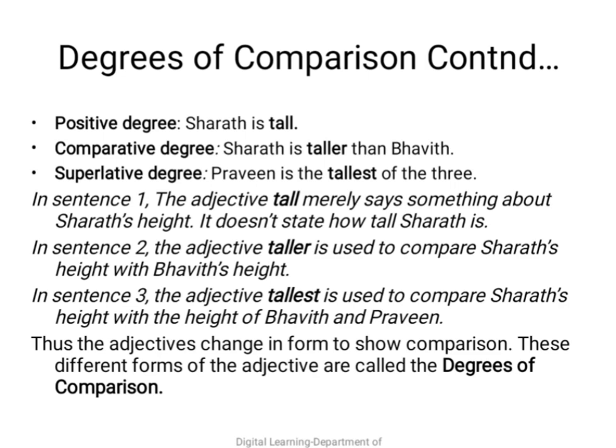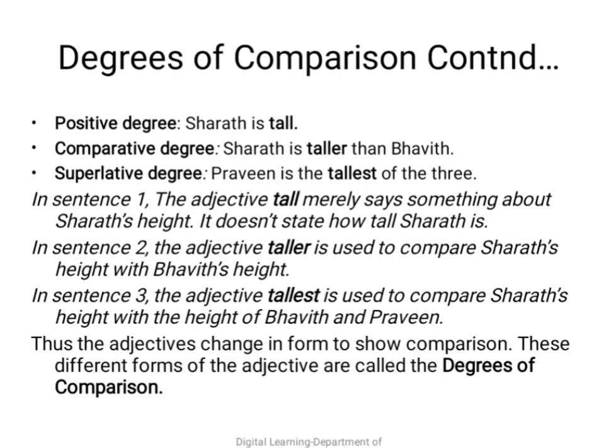Look into all the 3 degrees of comparison through examples. In the positive degree, we say Sharat is tall. So it's very simple proclamation of the fact. No comparison, right?